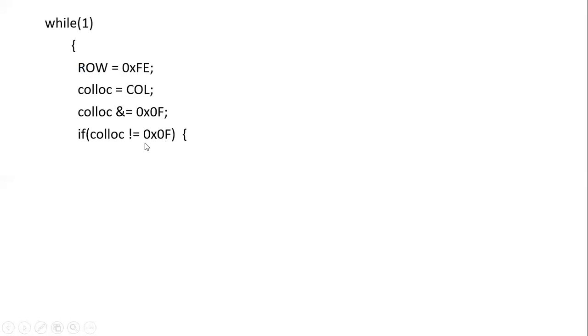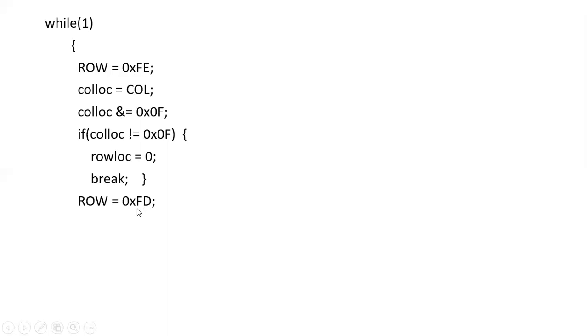Okay. So if it is not equal, that means if it is FE, then we say confidently that the row location is the zeroth row. Then we come out of this conditional statement, and next what do we do?